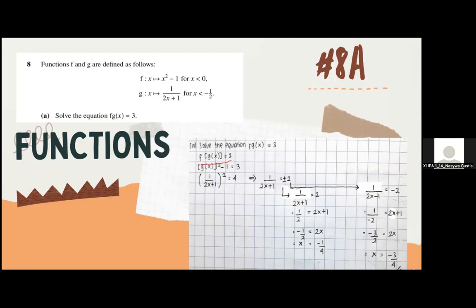And then we replace the x with g of x in the function of f. So it will be g of x to the power of 2 minus 1 to be equal to 3. And then we change g of x with 1 over 2x plus 1, to the power of 2, equals 4.